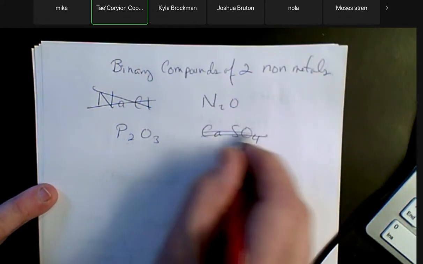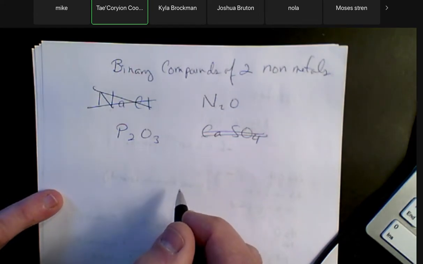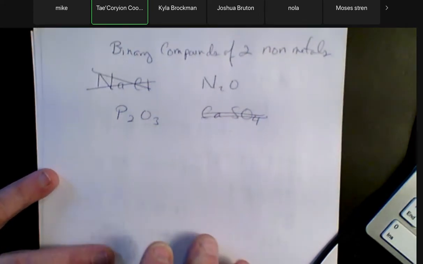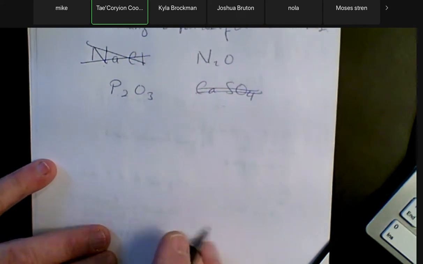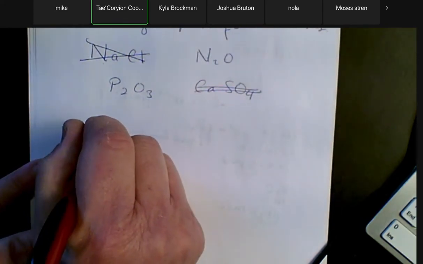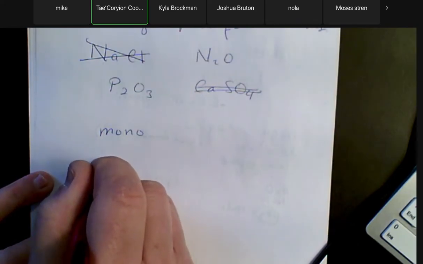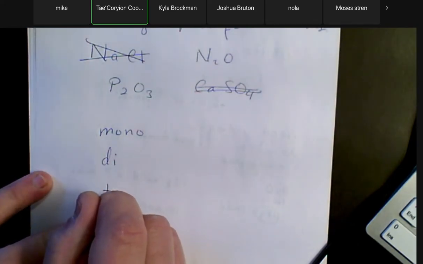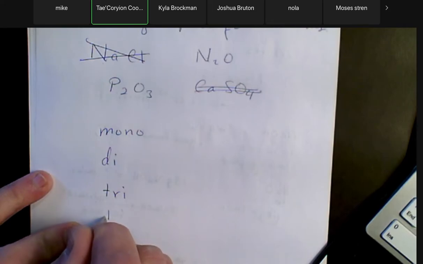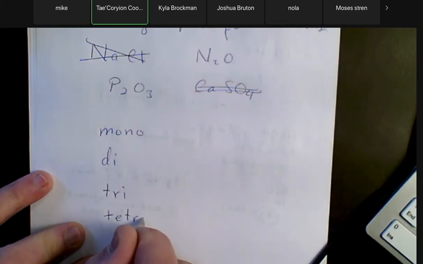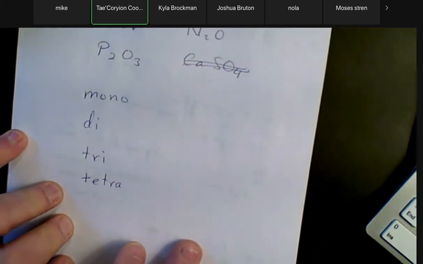All right, so when we name them, we sometimes use prefixes, and the prefixes tell you how many atoms are in the nonmetals. So I'm going to just list them. I think you'll recognize some of the words: mono, di, tri. This is one you may not recognize except if you played Tetris. Tetra means four.